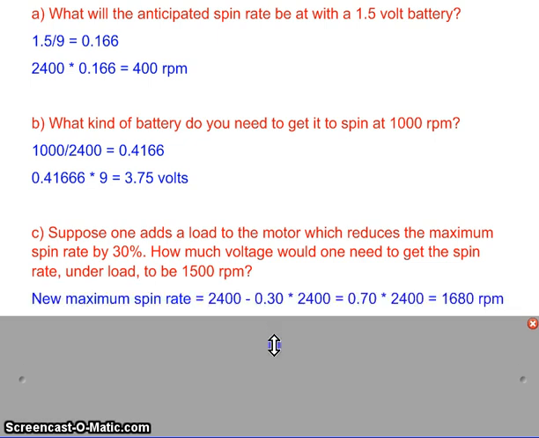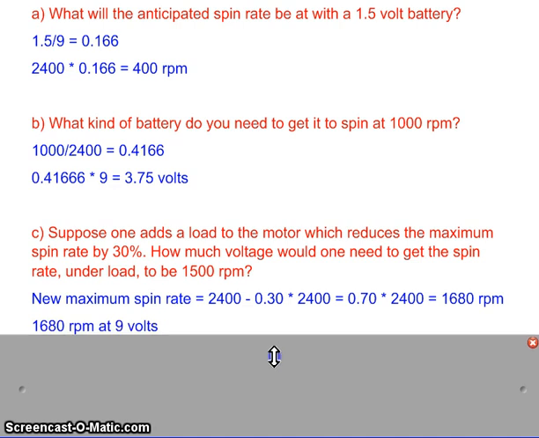So the first part is to get the new maximum spin rate. It's the old rate, 2400, less 30% of 2400. Of course, that is the same thing as just calculating 70% of 2400. And that calculation turns out to be 1680 RPM. So 1680 RPM is the new maximum spin rate at 9 volts.